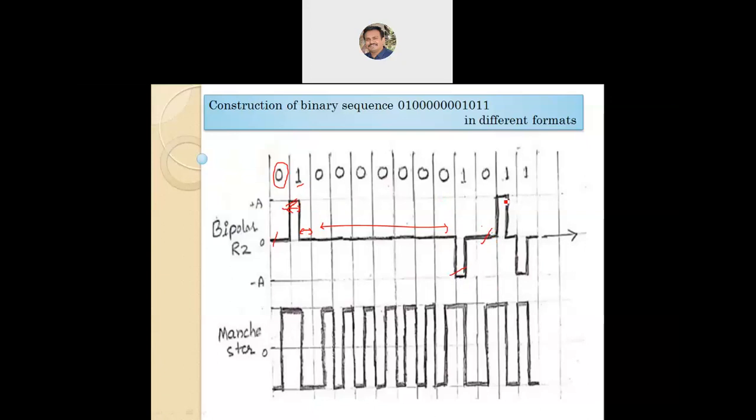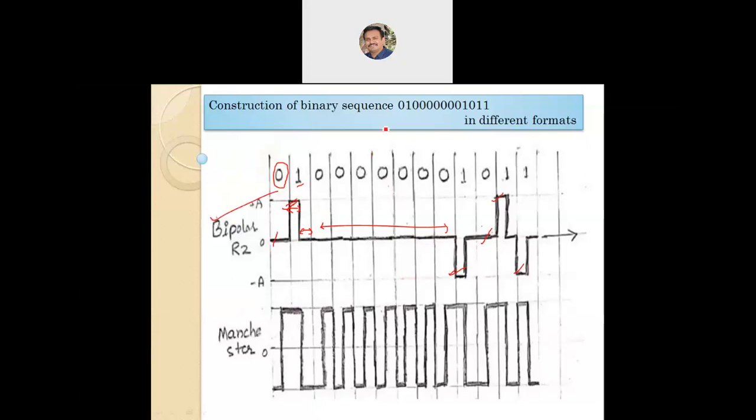Followed by 0, the next bit is 1. The previous amplitude was minus A, so the present one is going to have plus A amplitude. Similarly, the next one is going to have the alternate amplitude, that is minus A. So this is the construction of the binary sequence in bipolar RZ.